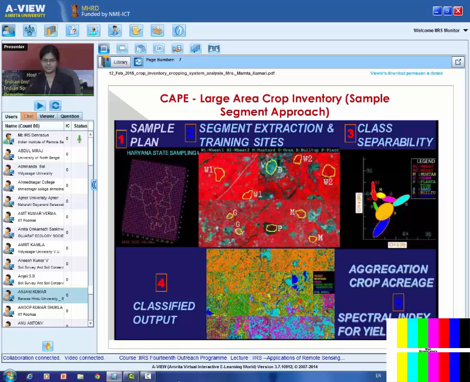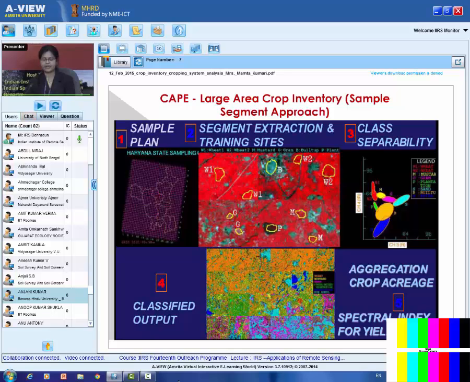So that is the precision. And bias tells us how close our estimated value is to the true value. So for a good estimate, one must have high precision and low bias. So high precision and low bias tells about a good estimate of crop acreage.